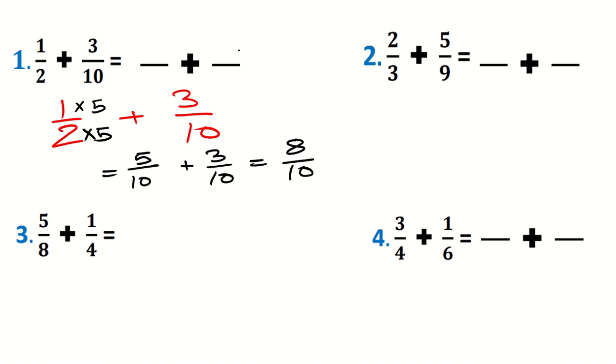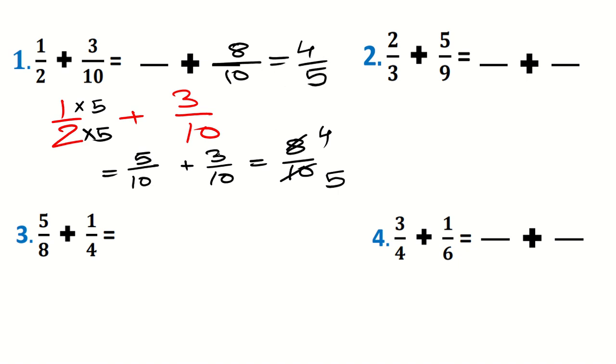Dear students, just check from your teacher whether you have to write the simplest form or not, but I will explain it here. Do we have a number which can divide 8 and 10 both? Yes, that is 2, because 8 divided by 2 is 4 and 10 divided by 2 is 5. So its answer will be 4 over 5.